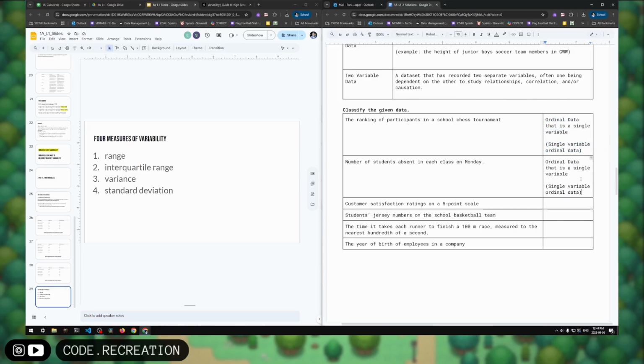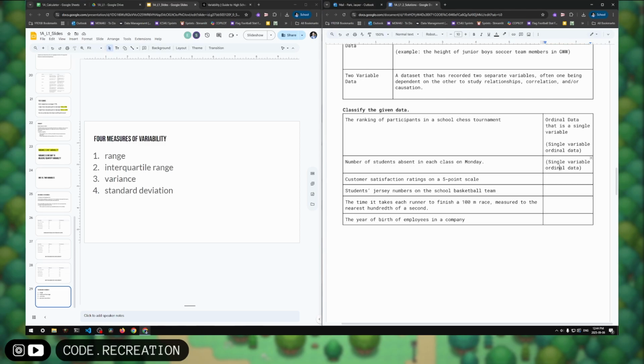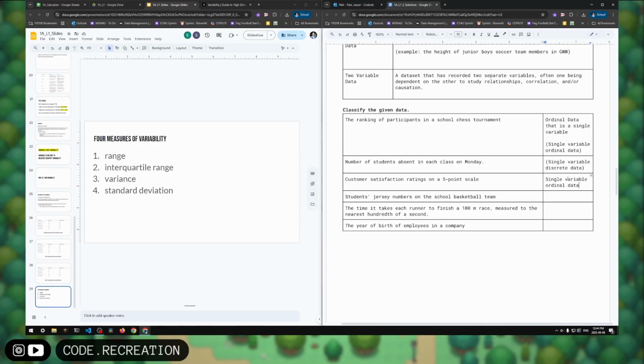Let's say this is a single variable discrete data, because there's no 0.5 absences, and we don't need to categorize them. There's no sort of order. Okay. Customer satisfaction rating on a 5-point scale. So that's still single variable, ordinal data. 5-point scale.